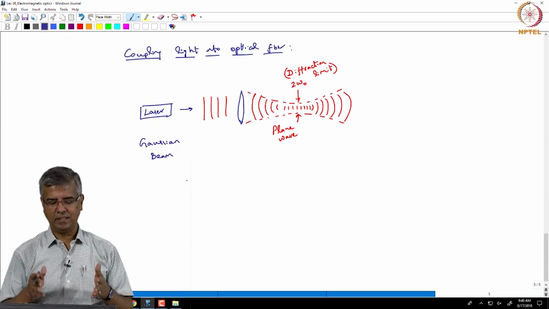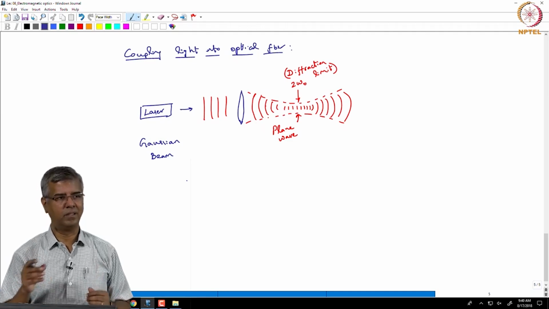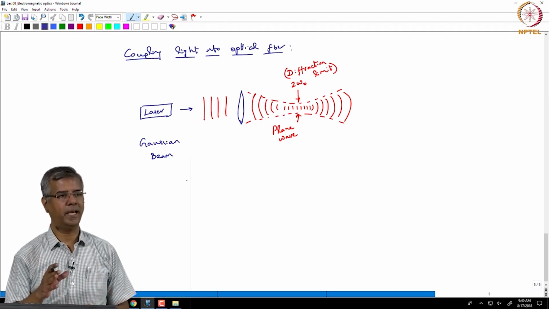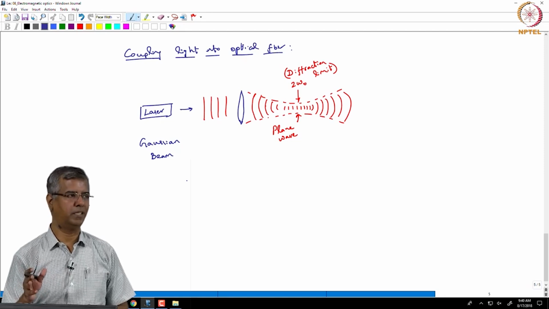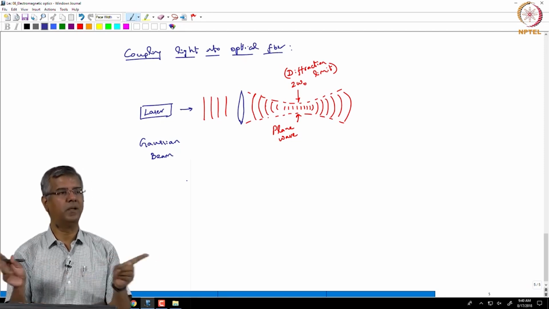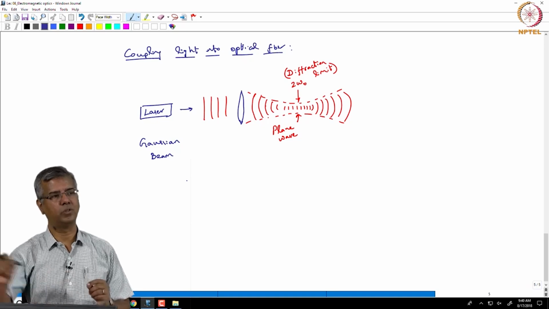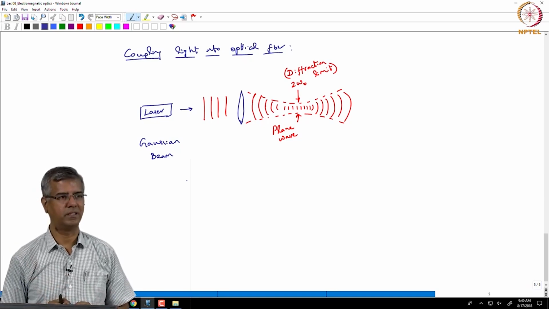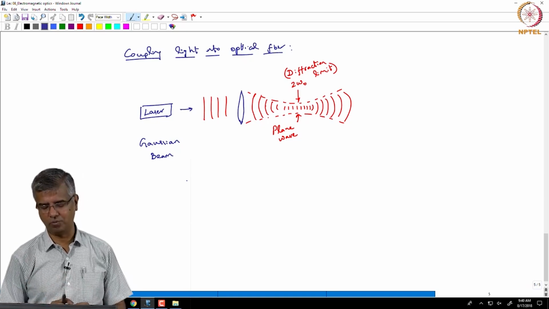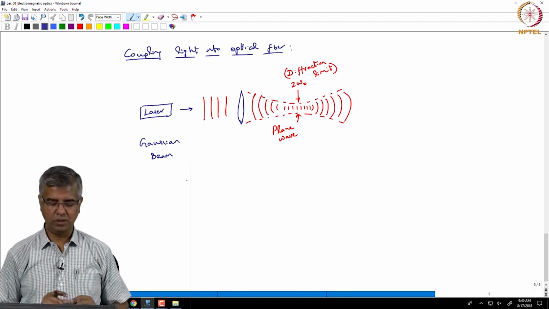Because that light source essentially has a non-planar wave front. It's got multiple angles, and only one of those angles is consistent with what is supported in the single mode fiber. So you cannot do that.